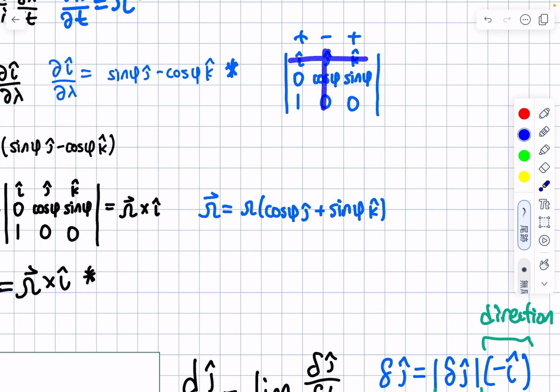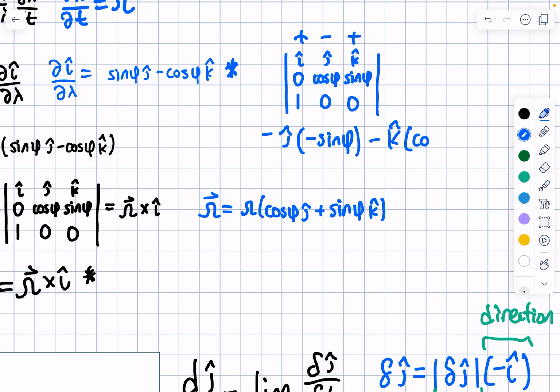Now looking at j, we have 0 times 0 minus 1 times sine, times negative j, because it's negative. So we have negative j times negative sine phi. And for k, we have positive k times 0 minus cosine phi, so it's minus k cosine phi.